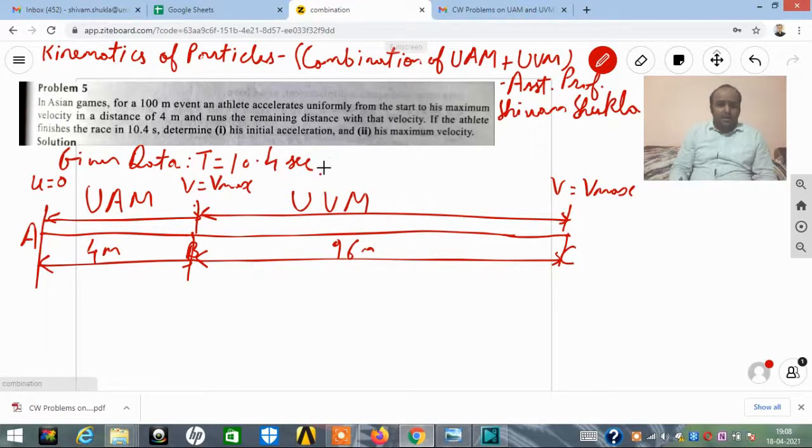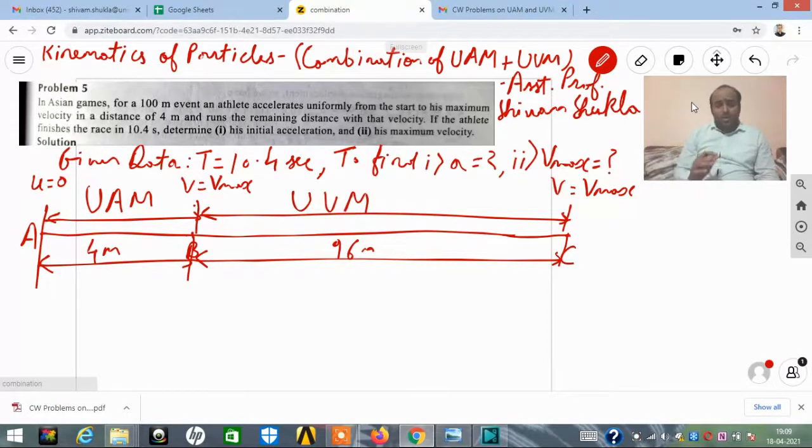To find: first, the initial acceleration, that is a, and second, the maximum velocity attained by the athlete, that is Vmax.